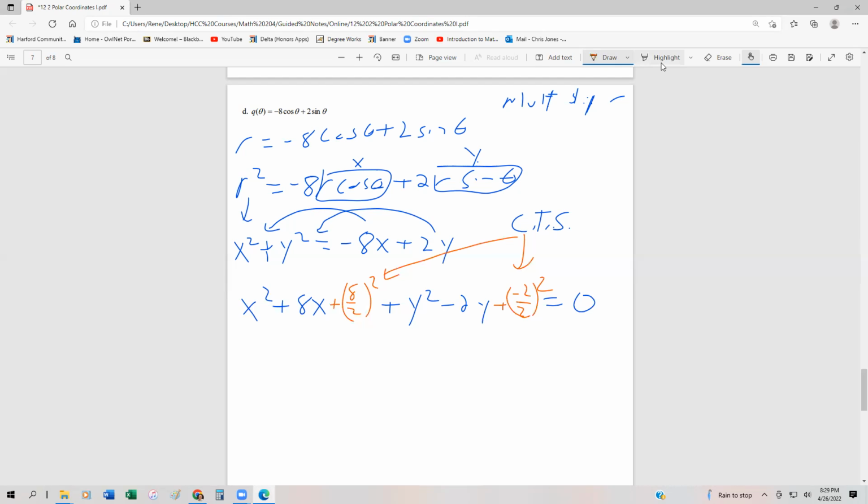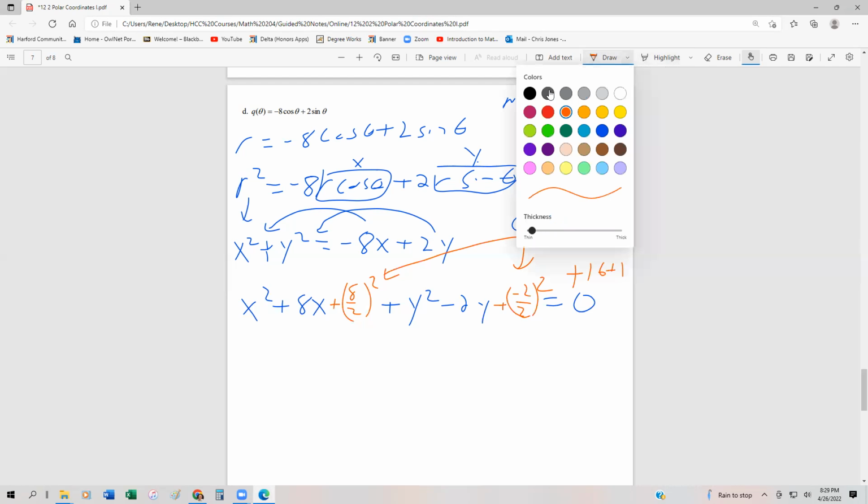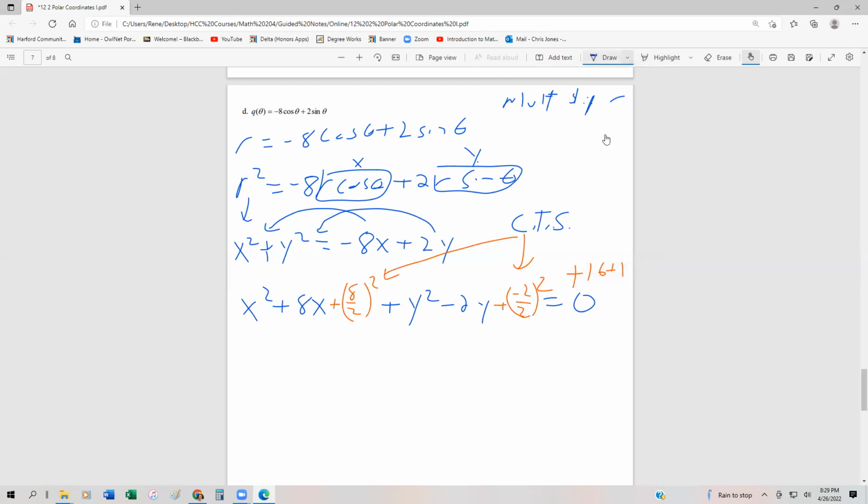Of course, whatever I do to one side, I have to do to the other side. When we take 8 over 2 and square it, that's 16, and over here that's going to be 1. So we end up getting x squared plus 8x plus 16 plus y squared minus 2y plus 1 equals 16 plus 1.